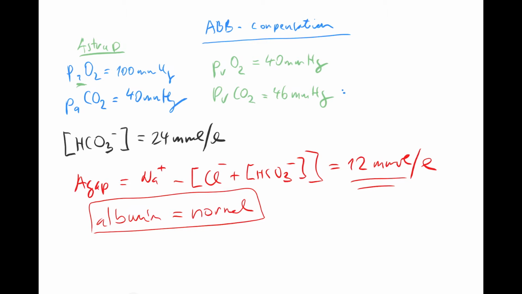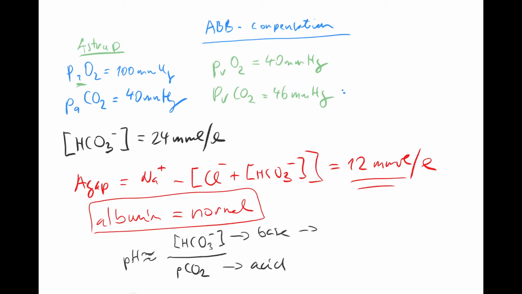Okay, good. So anyways, pH, just to remind you, and this is not an equality because we would need a constant over there, but forget that. The important thing is you should remember that bicarb is up, and acid, in other words CO2, is down. So this is acid, this is base, this is the metabolic part, and this is respiratory.